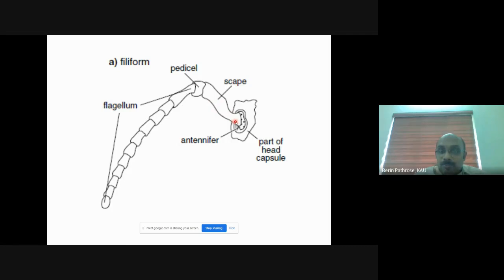This is the scape, the basal segment. This is the head. After the scape, we have a very short pedicel. All the parts after the pedicel are called the flagellum. I will repeat. The basal segment of the antenna is called the scape. After that, we have a short pedicel, and the parts after the pedicel are called the flagellum.